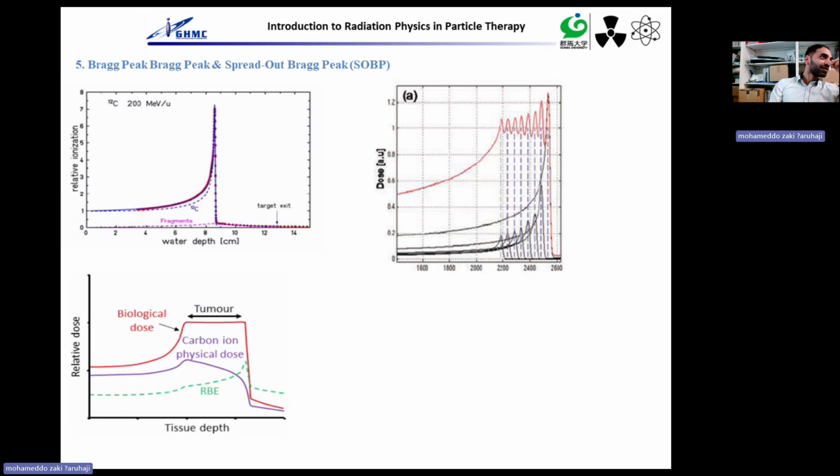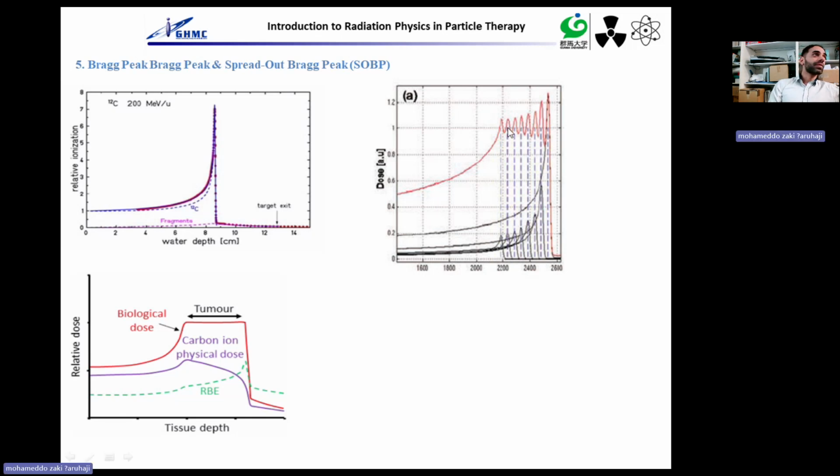Optimization process, like summation of all Bragg peak values? No. The filter you use, the ridge modulator. Okay, so we use the ridge modulator filter to spread out the particles and decide the width of the Bragg peak.